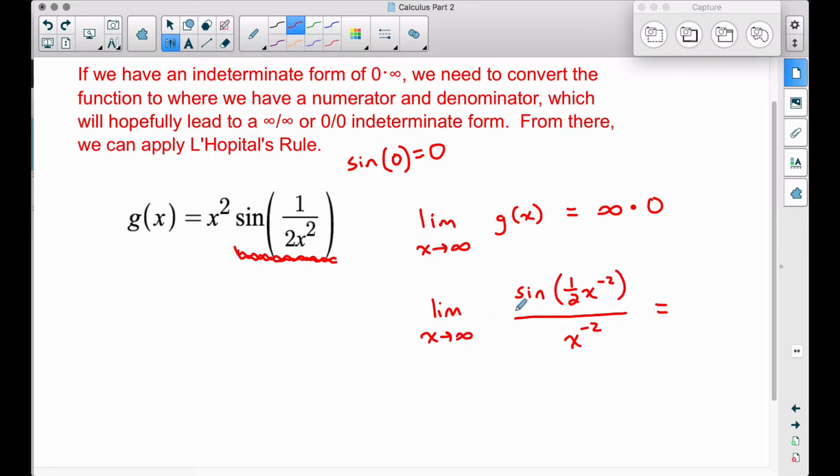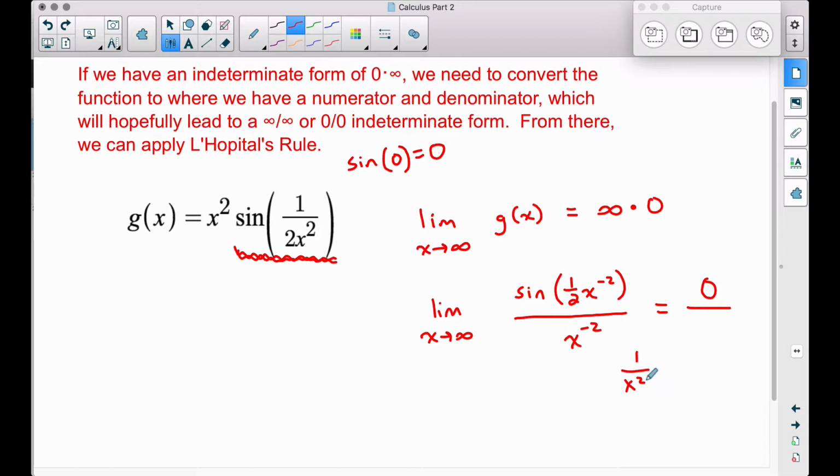Let's let x get really big. This is going to be the exact same thing that we had a moment ago because we did not change this function at all. Sure, I changed the way this looks, only because that's going to help with differentiation in a moment. But still, the sine of 1 over 2x squared, if we let x get really big, is going to be the same thing we have here. So we have 0 up top over, and now remember, x to the negative 2 is the same thing as 1 over x squared.